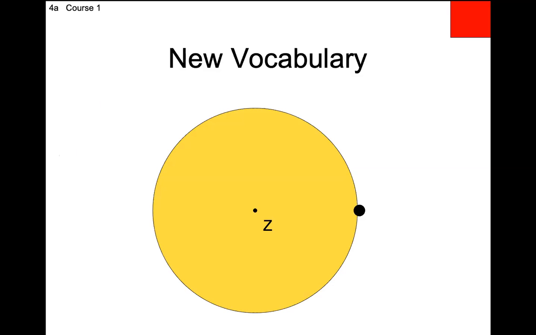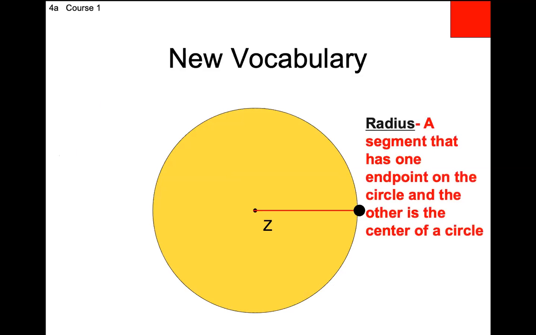If I connect the center of the circle to any point on the circle, I have made a radius. The plural of radius is radii. It's a segment that has one endpoint on the circle, and the other one is the center of the circle.